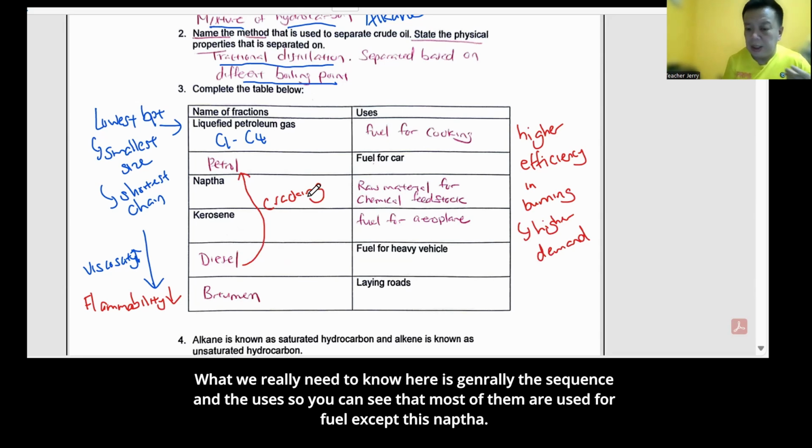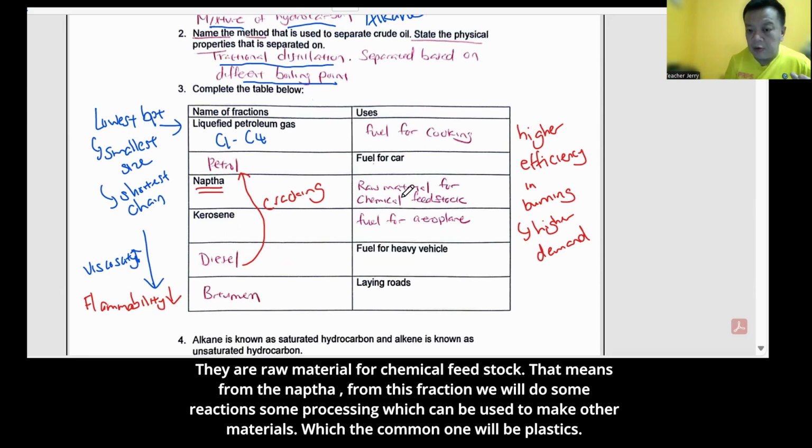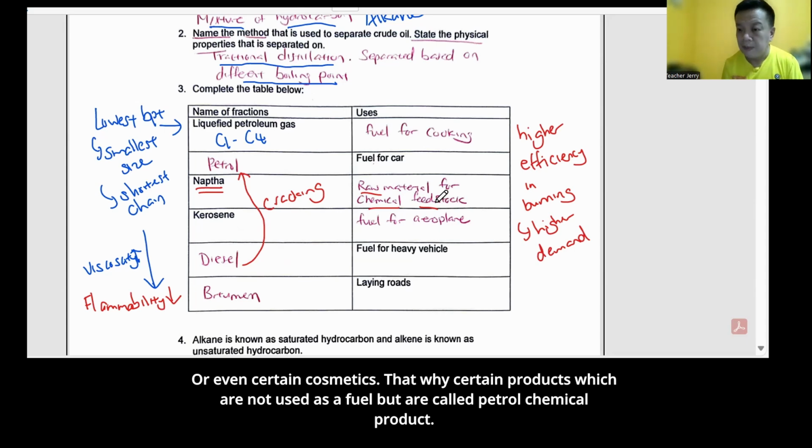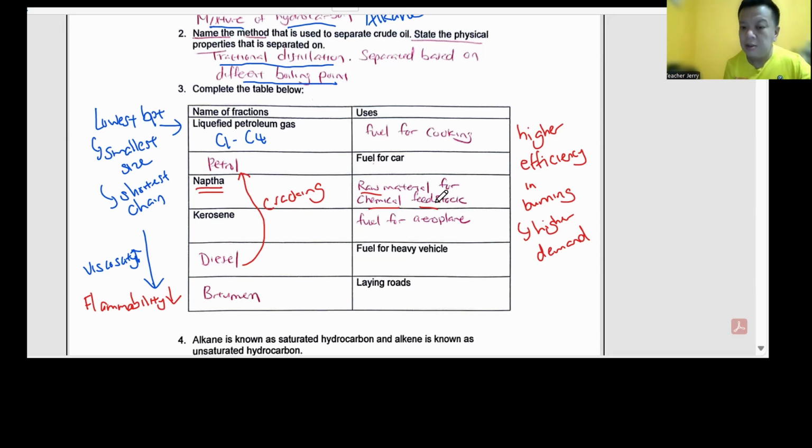You can see that most of them are used for fuel, except naphtha. It is a raw material for chemical feedstock. That means from this fraction, we will do some processing, and then it can be used to make other materials. One of the most common is plastics, or even certain cosmetics. That's why some products are not used as fuel, but are called petrochemical products.